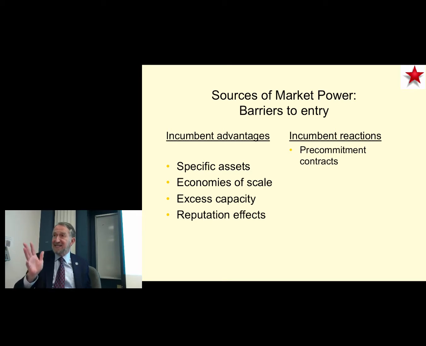And so they signed a 20-year requirements contract with a specified price for the next 20 years. So they locked in the supply, and they were really excited about doing it.